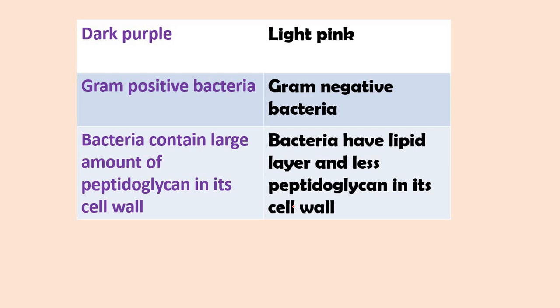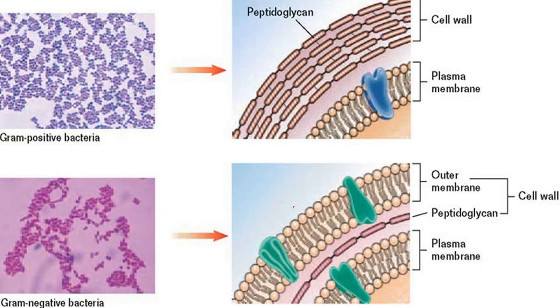So why this is important? Like we see here, this is the peptidoglycan in the cell wall. When it's dense like this make the gram stain get a very dark purple color.